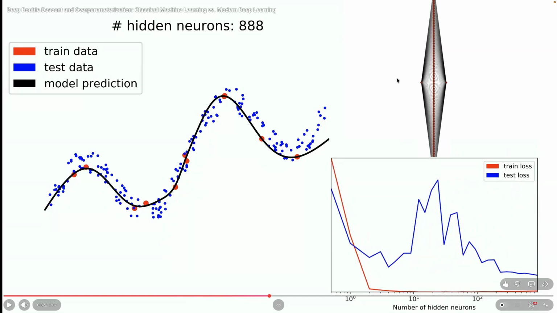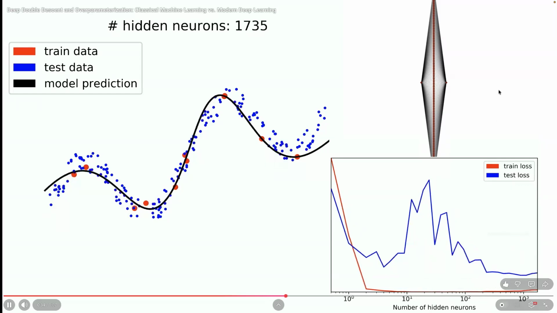And you can see that the blue line initially was going down, then it increased, around maybe 30 neurons. That's where we have this overfitting regime. But if you go beyond 100, or 1000, we start to get a decrease in the test loss again, right?